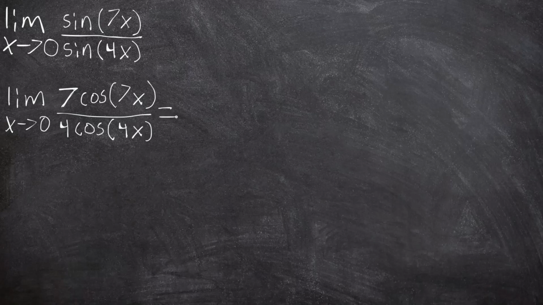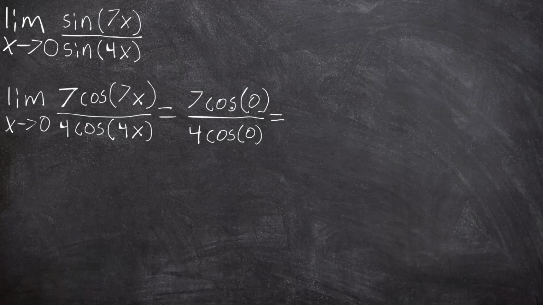And now we could plug in 0. So 7 times cosine 0 over 4 cosine 0. Now, what does cosine 0 evaluate to? It evaluates to 1.